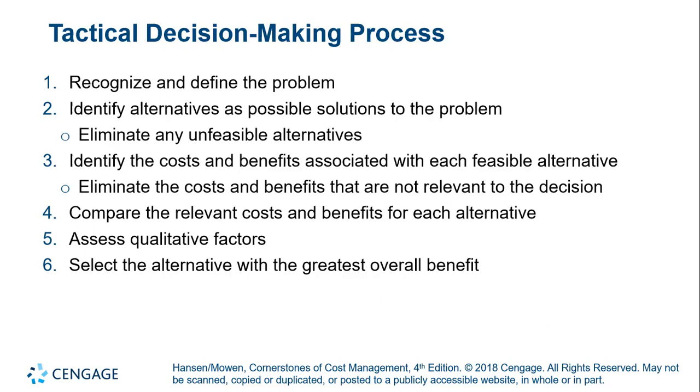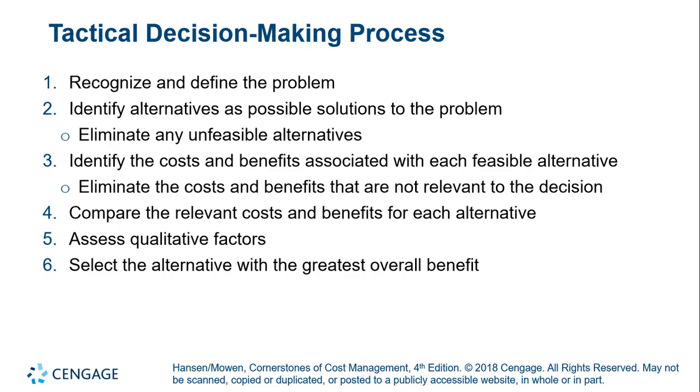Identify the costs and benefits associated with each feasible alternative. Eliminate the costs and benefits that are not relevant to the decision. Compare the relevant costs and benefits for each alternative. Assess qualitative factors and select the alternative with the greatest overall benefit.